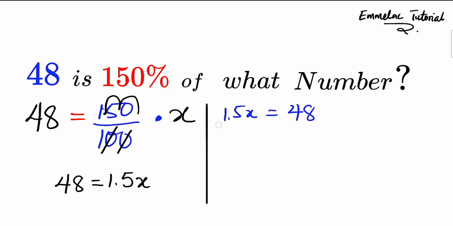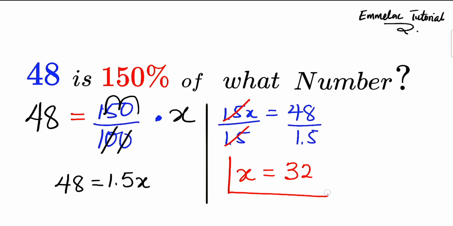Dividing both sides by 1.5, this clears off this, then our x gives us 48 divided by 1.5, that should give us 32. So the value is 32. So 48 is 150% of 32.